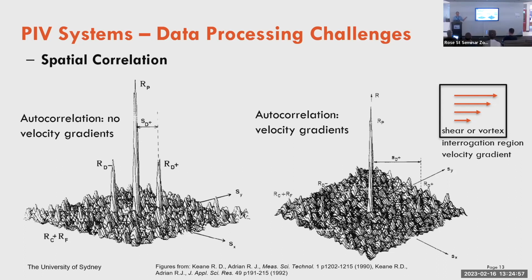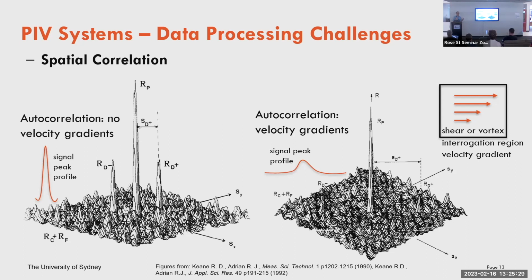The one on the right, that's a correlation region that has a spatial gradient inside the image. So something is forcing the particle image pairs to change displacement within the interrogation region. And as soon as you have this spatial gradient, and you may have the same in some imaging system with a robotic application, if you get that spatial gradient on your data, what happens is the signal peak smears.